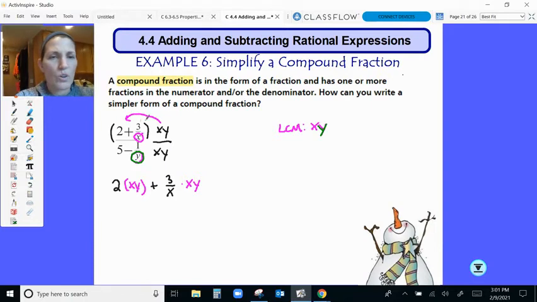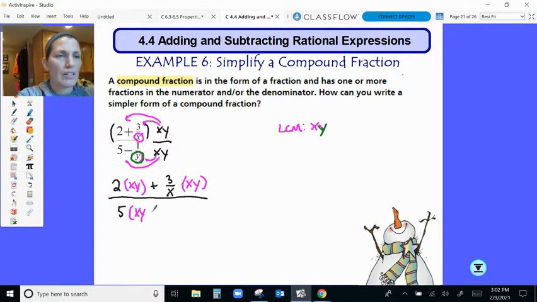So I'm distributing this through right here, so that gets multiplied by xy. That's all divided by 5, and I'll multiply 5 by xy. So now I'm going to be distributing it here as well. Okay, so 5 times xy. Oops, I didn't get that parentheses there.